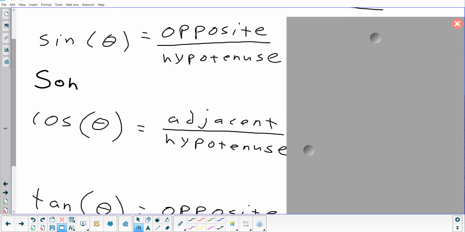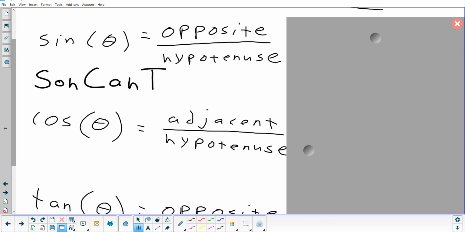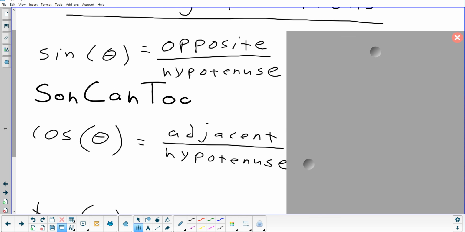Sine is opposite over hypotenuse. Cosine is adjacent over hypotenuse. And the last trig function, tangent, is opposite over adjacent. So if that helps, you can use that to remember.